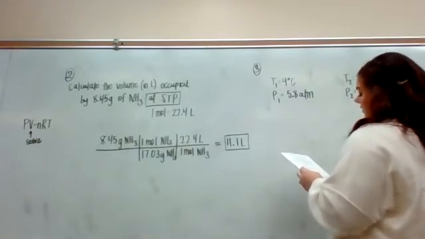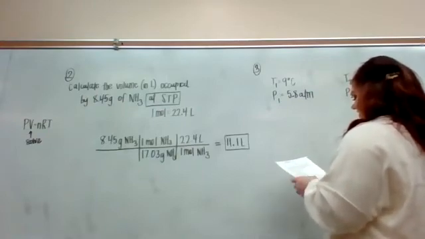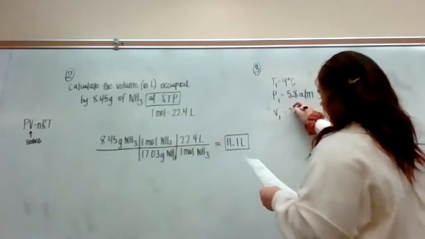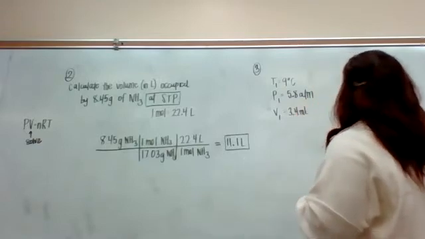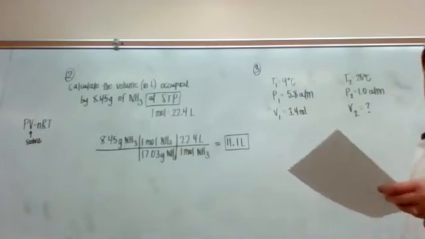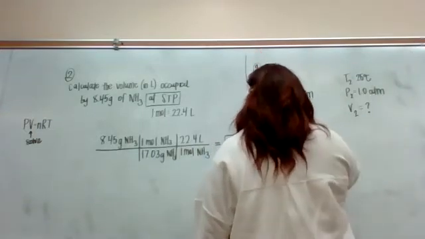Calculate the final volume in milliliters of the bubble if its initial volume, so come back over here and add V1, is 3.4 milliliters. So we want to solve for V2. So we're using the combined gas law here.